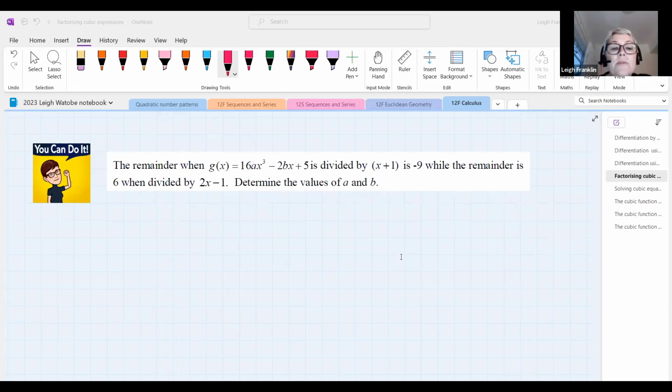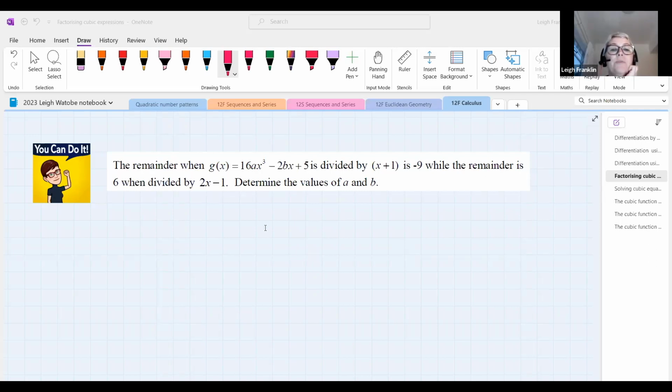g of x equals 16ax cubed minus 2bx plus 5, and when it is divided by x plus 1, the remainder is minus 9, while the remainder is 6 when it is divided by 2x minus 1. Determine the values of a and b. How do you think we're going to do this? If they want us to solve for two unknowns, what do we have to do?